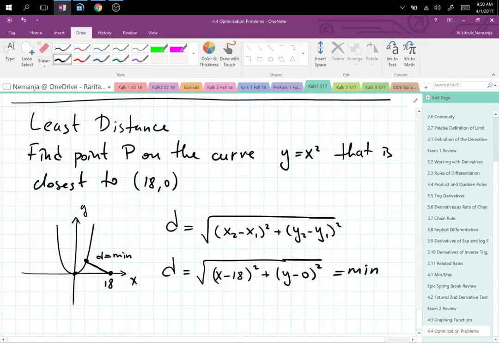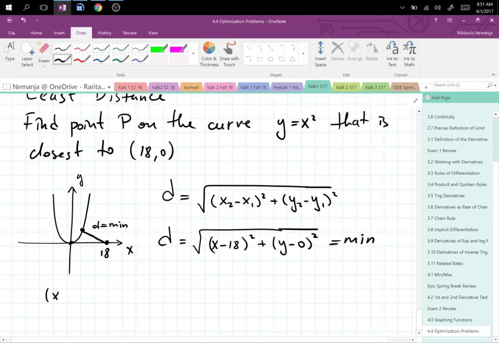Because I have 2 points. The 2 points that I'm using are x and y and 18 and 0. So here's your x2 y2 and x1 y1, and we just plug in.